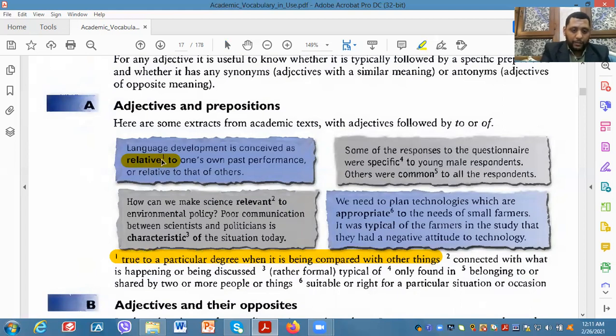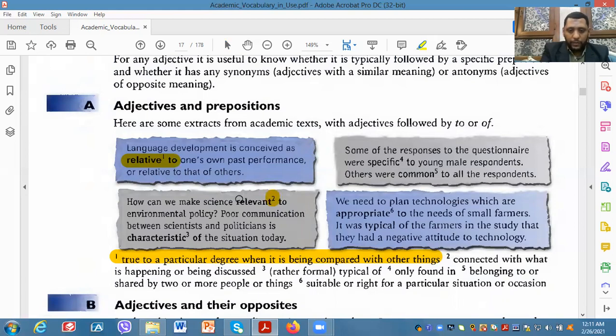A small number was written above the word relative. By searching for the same number, which is number one, we can find the definition of relative to. So by tracking the numbers, the definition of the word can be found, okay? Look at number two here. By tracking number two, we can find number two here.